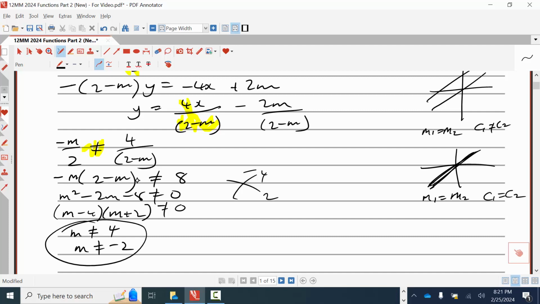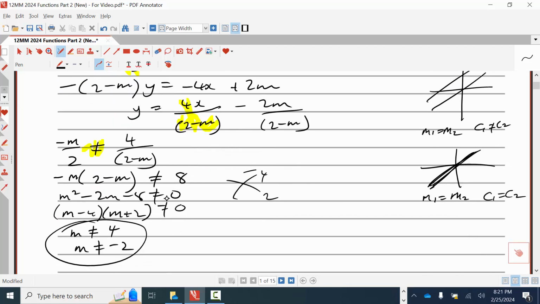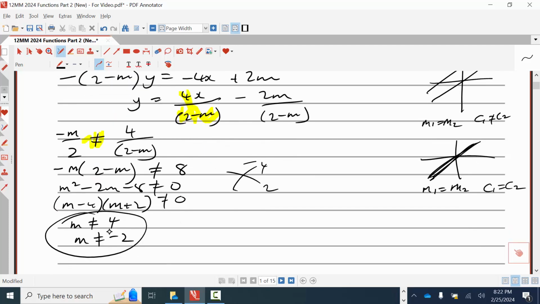So they're the two values that ensure that it can't be these values here. So we could say something like m is an element of all real numbers, not including the negative 2 and the 4. Right, so choose any real number, but you just can't choose either 4 or negative 2.